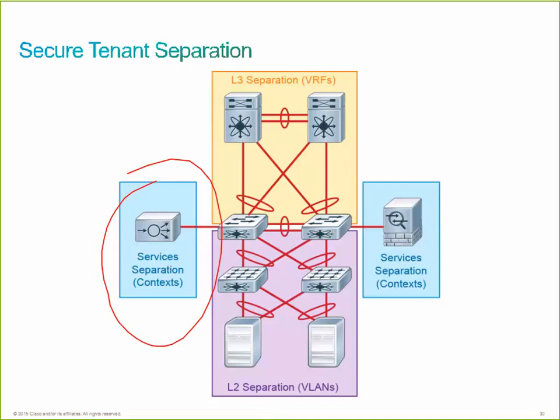We can do load balancing, we can do NAT, we can do SSL, we can offload services and applications in a unique per tenant policy. We could do that even at the VLAN level, and that's going to give us that granularity that's required to service these customers.